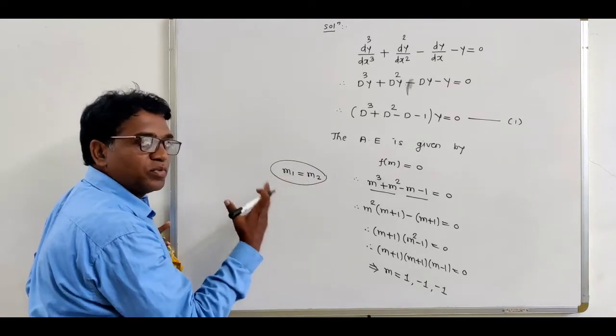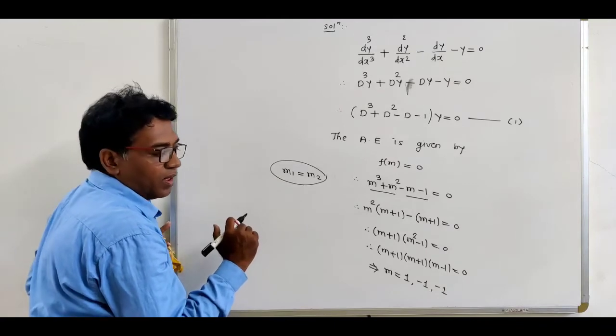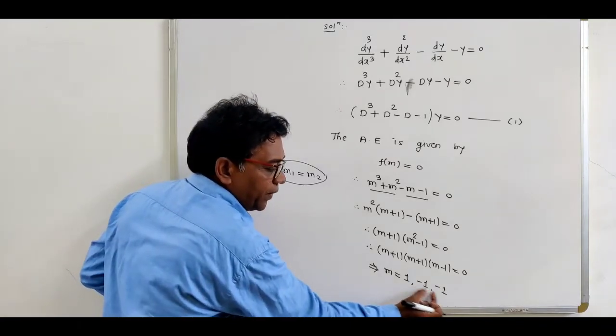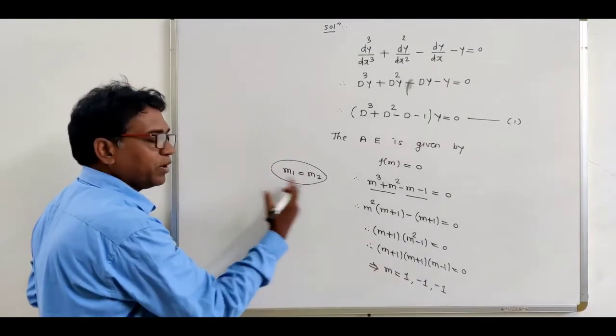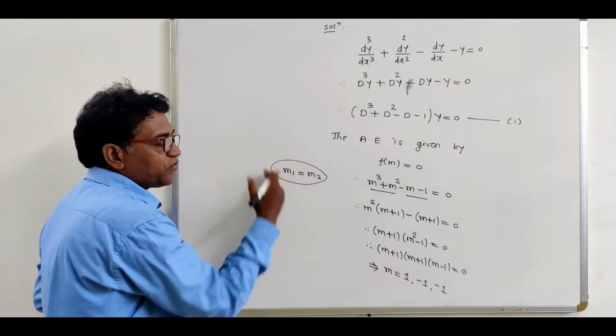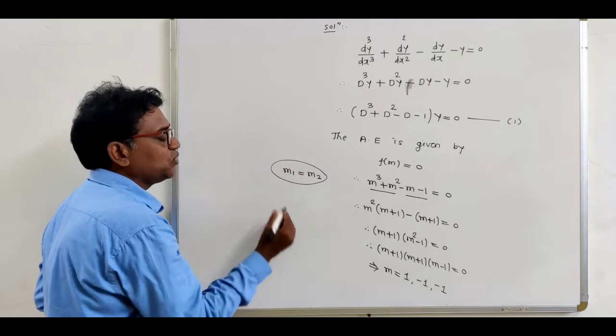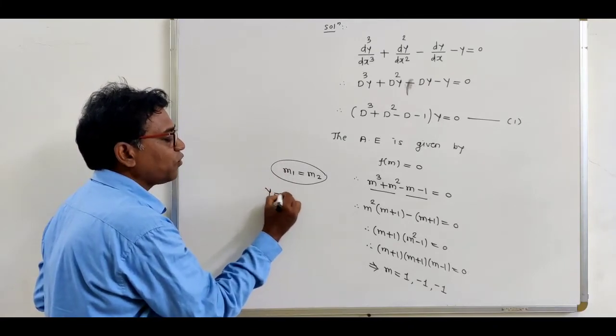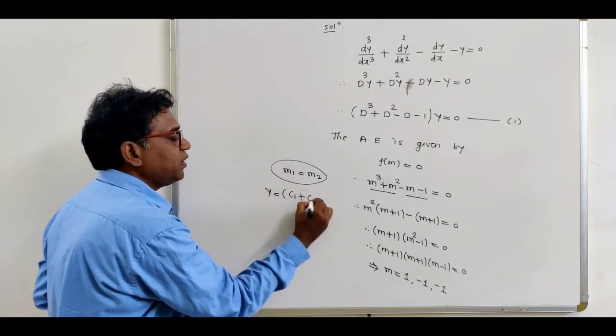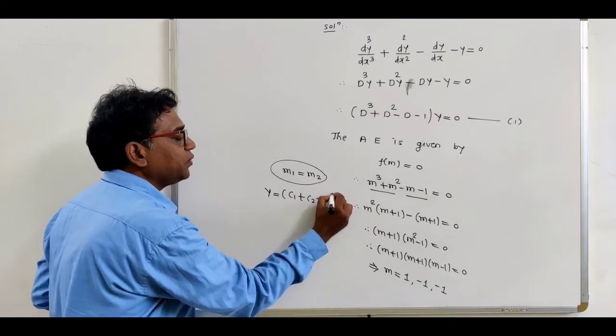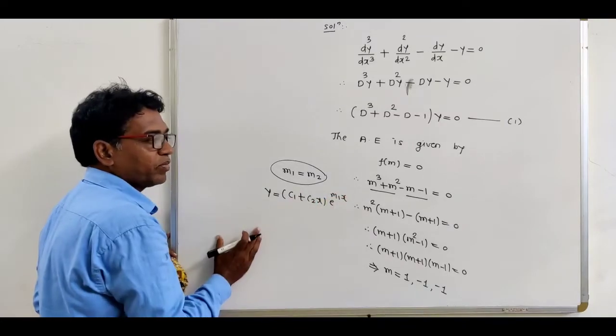Then how to write the general solution? It is given by the formula (c1 plus c2 x) into e raised to m1x.